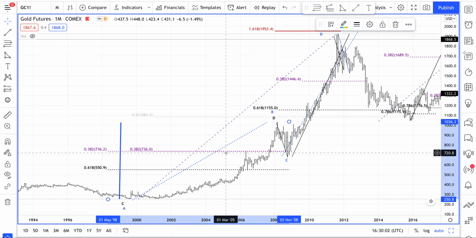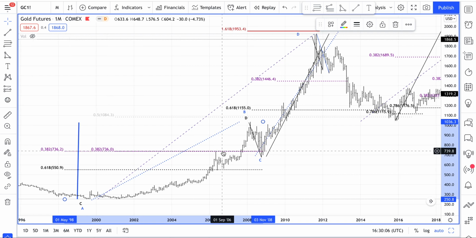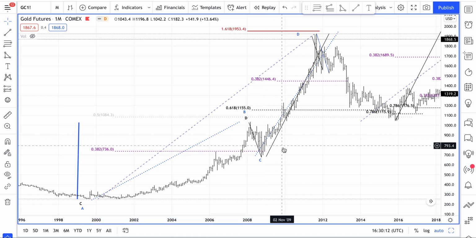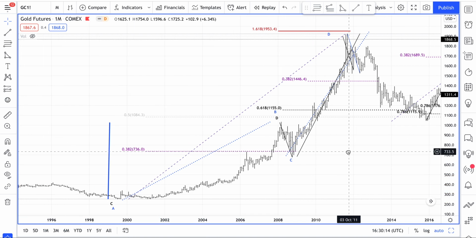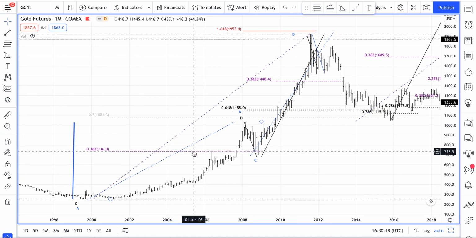What we see is that gold retraced down to this level. It did go below it, but it fluctuated around this point, and then it began to rally again. So this 38.2% retracement is a powerful indication of strong trending markets.